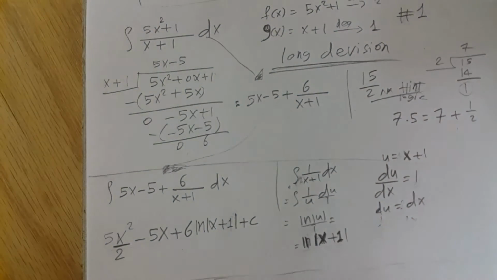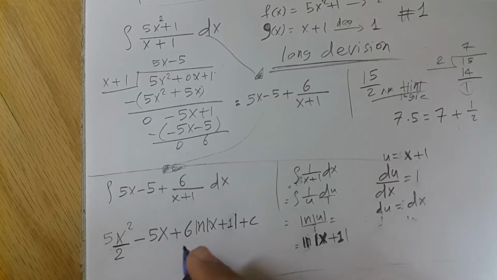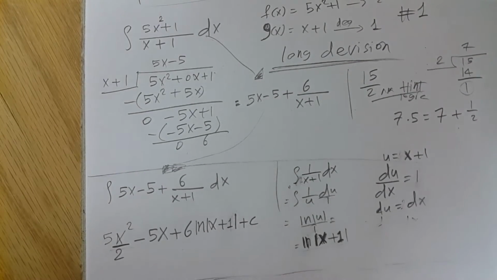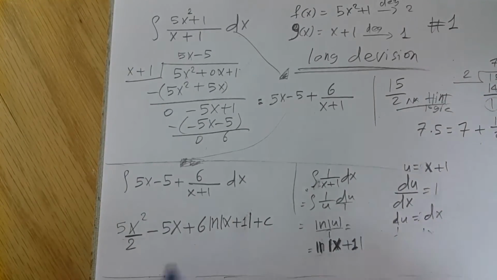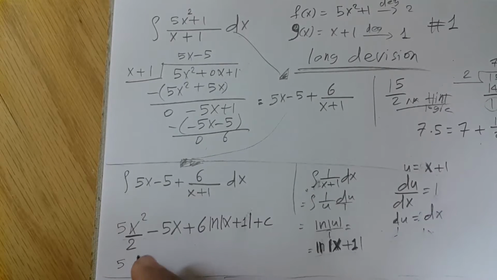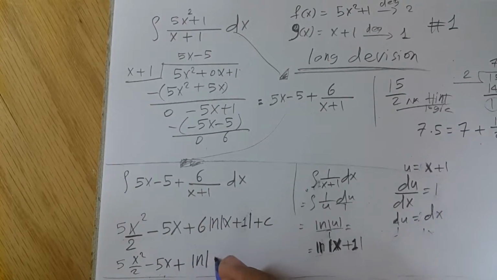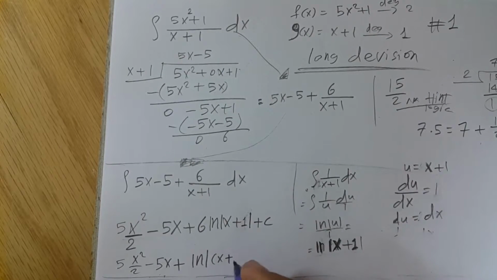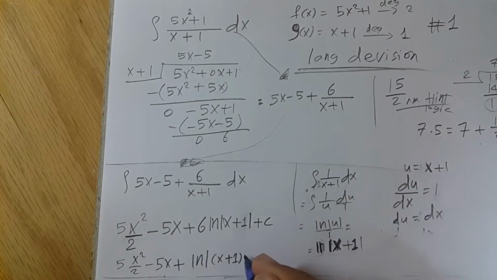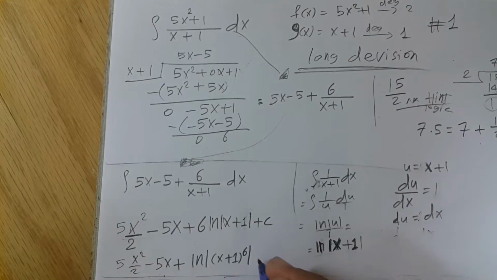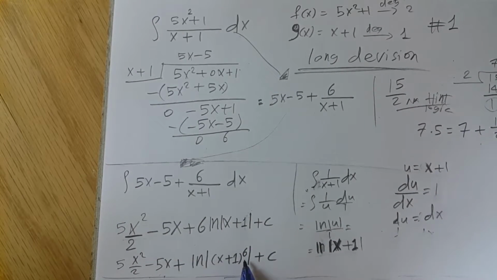Oh yeah, there is something I wanted to tell you also about it. You may see it if you are doing exams and multiple choice and things like this. You may see it something like this: 5x to the power of 2 divided by 2 minus 5x plus ln of absolute value of x plus 1 to the power of 6, plus c. Why is it to the power of 6?